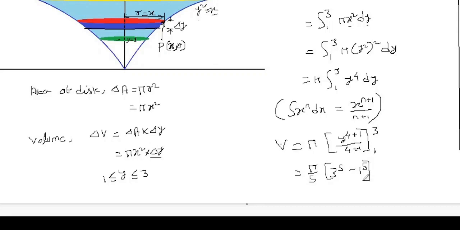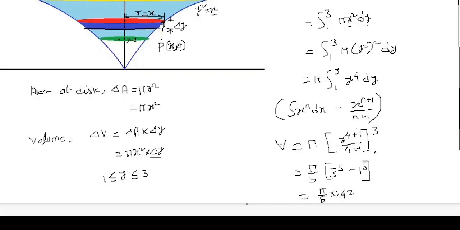Now simply you have to calculate the rest. 3 to the power 5 gives us 243, and 243 minus 1 gives us 242. So overall, the final answer we are getting is pi by 5 times 242.